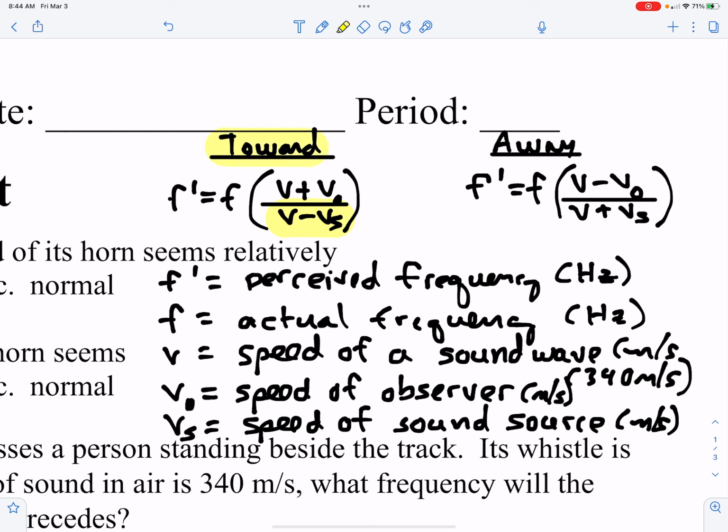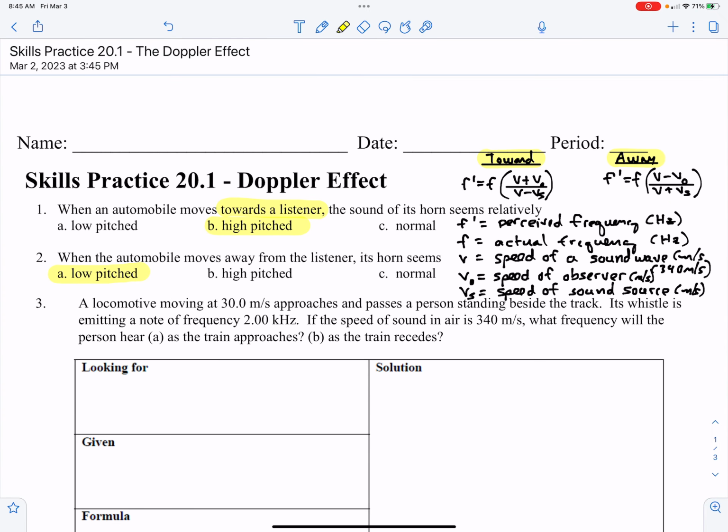That's only if they're going toward each other. If they're going away from each other, then those signs are reversed. The ratio looks like the speed of sound minus the speed of the observer divided by the speed of sound plus the speed of the source. So just pay attention to whether the object is moving toward or away.